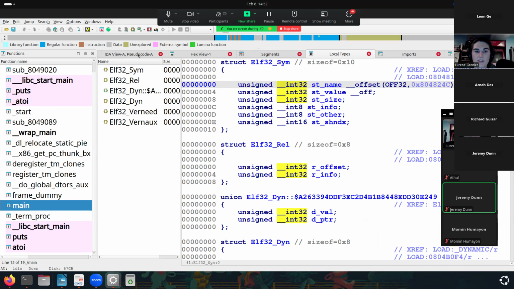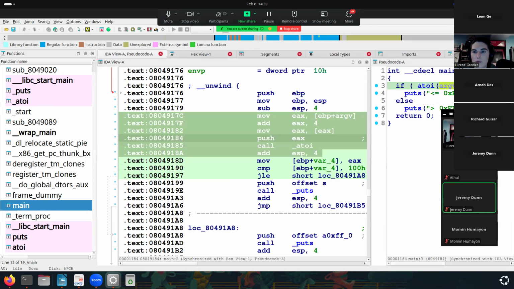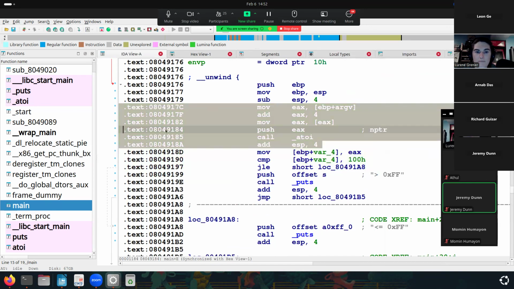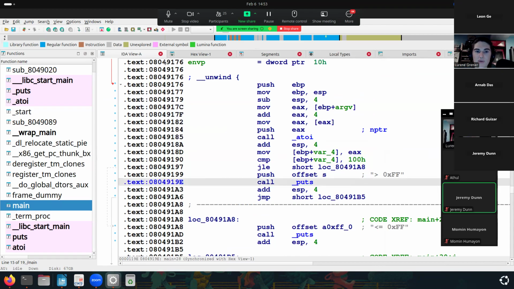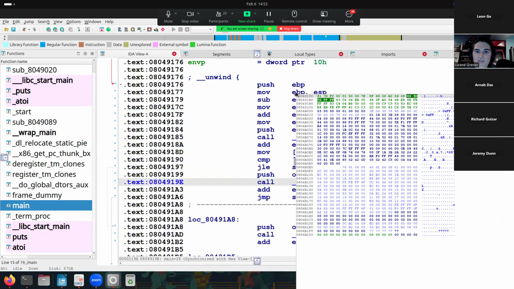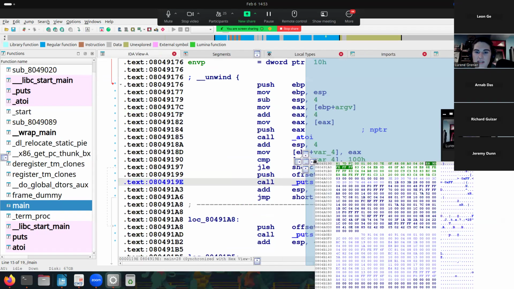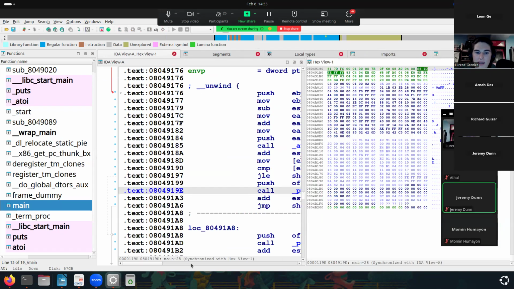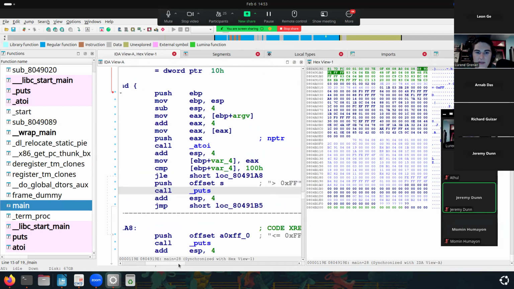I would also suggest that you find some instructions you don't understand, put your hex view next to your code, and then do something like this. Say, okay, I don't understand compare, but in my hex view, I can see that 81 is the first byte on this compare, right?